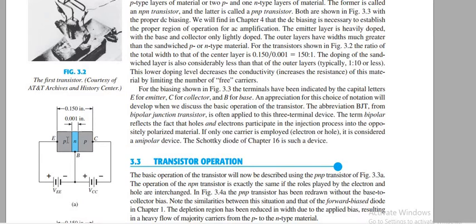The vice versa may also be there, that is NPN. It does not make any difference, the concepts will be identical, but the symbols and the different components will be in reverse mode.